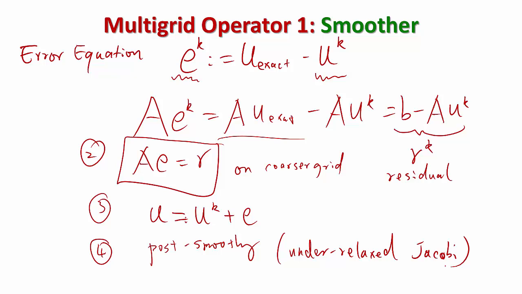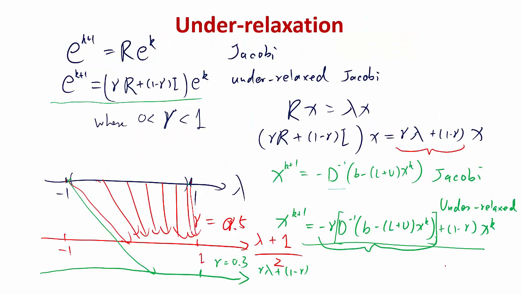If I have a coarse grid, the largest eigenvalue is actually further away from 1 than on the fine grid. So I get a faster convergence also on the coarse grid. All right.